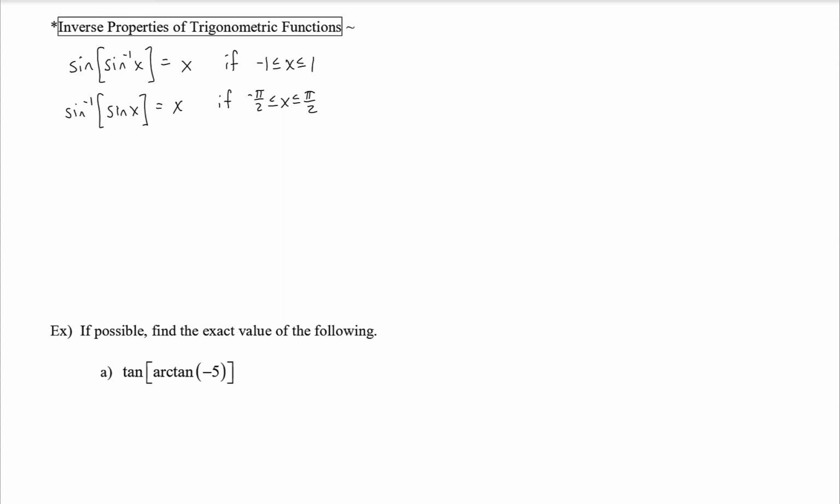So we got to remember all those restrictions we placed before you just go applying the definition of inverse functions willy-nilly to the trig functions. So then, all right, next up would be, what if we had cosine?